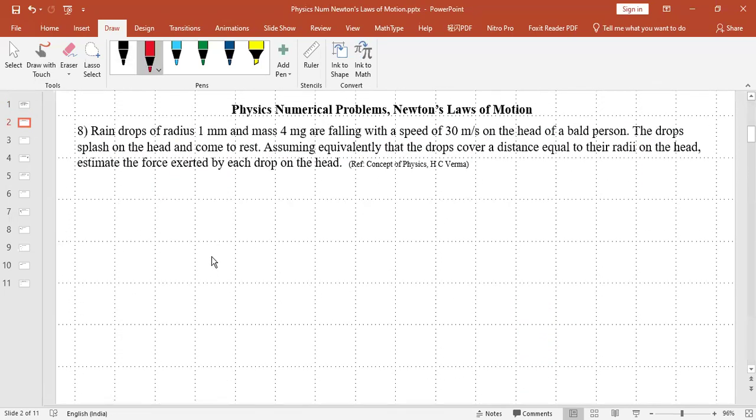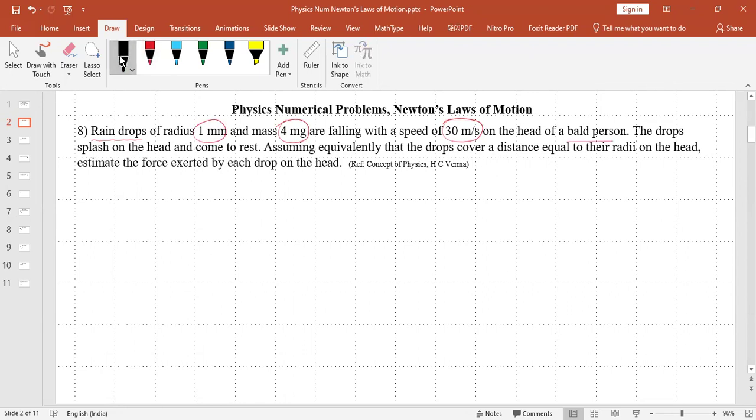Let's go to this problem. This problem says that raindrops of radius 1 mm and mass 4 milligram are falling at a speed of 30 meters per second on the head of a bald person. Right?